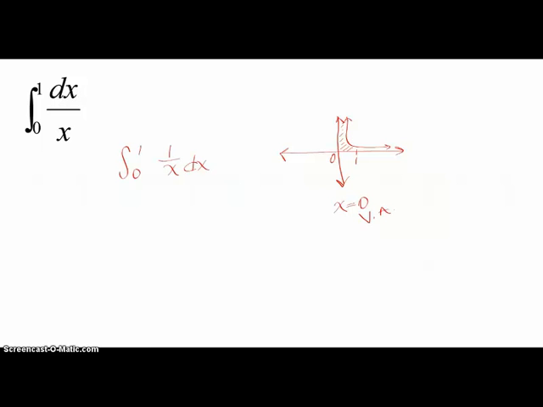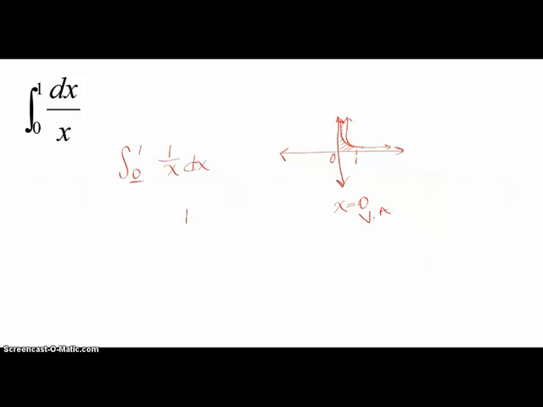So depending on how closely, as we get closer and closer and closer to 0 from the right, depending on how closely that function follows along its vertical asymptote, this area may go ahead and converge, or if it doesn't get close enough, it may go ahead and diverge. So we have an issue at the left endpoint.